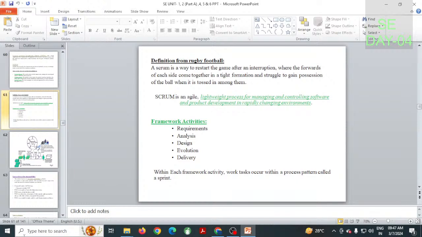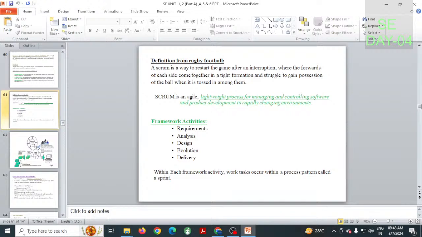Simply, you can say Scrum is agile. How do we describe Scrum? It is a lightweight process for managing and controlling software and product development in rapidly changing environments.